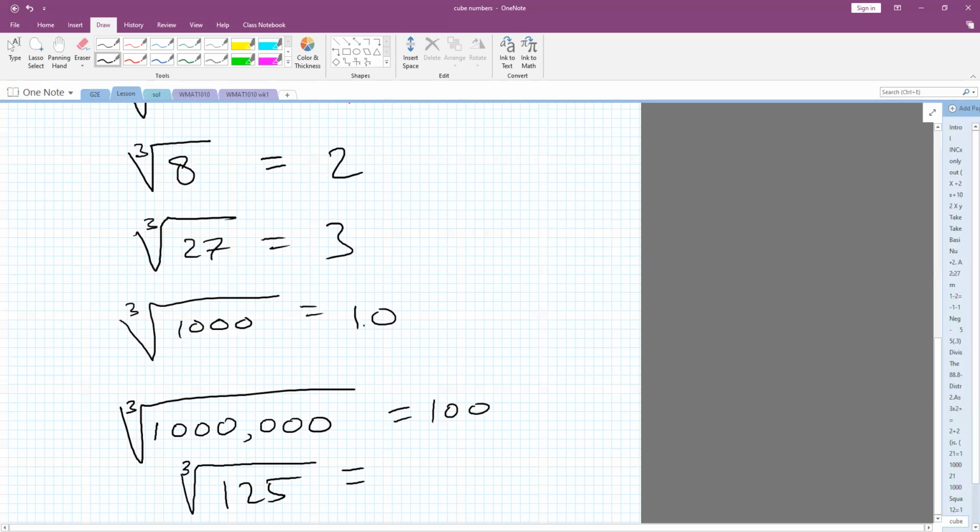So you basically just have to find the number that when you multiply it with itself one more time gives you 125.